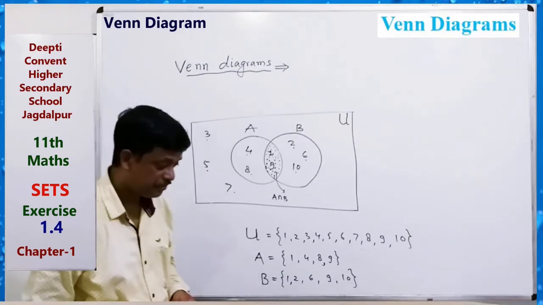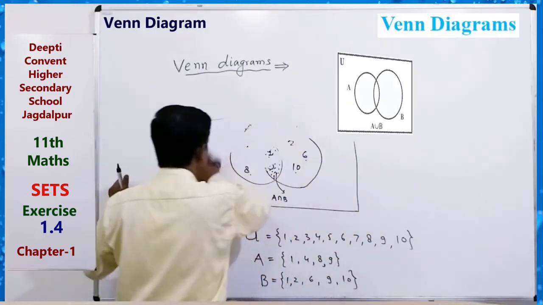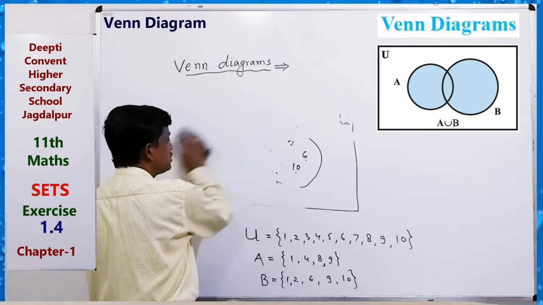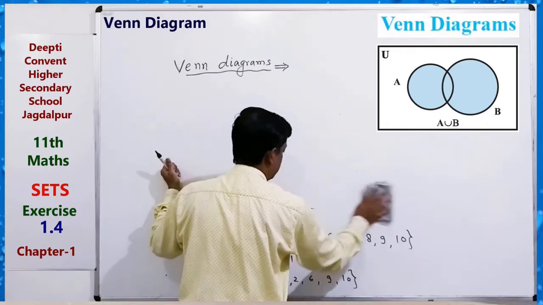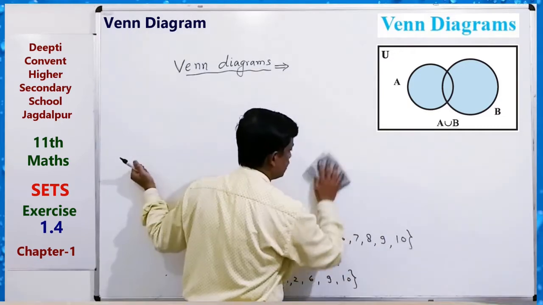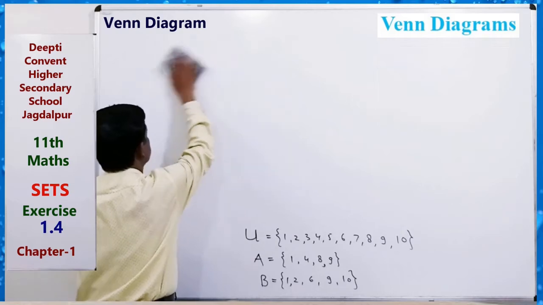So remember it. Now there is a property: the distributive law of union over intersection and intersection over union.